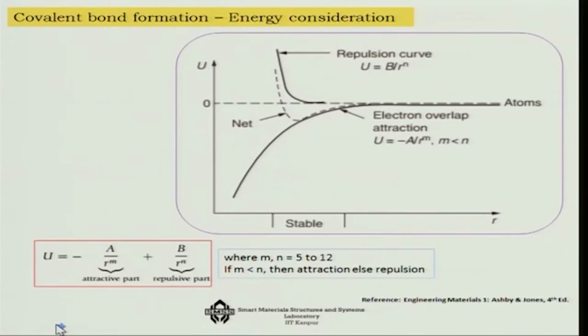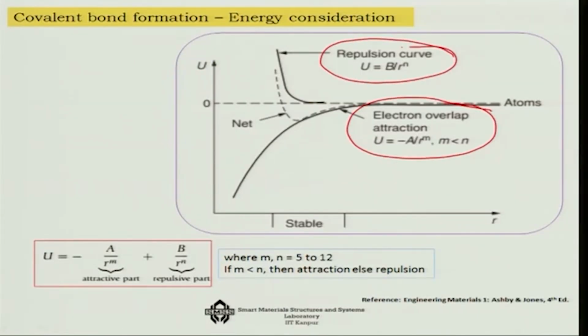Now, for a covalent bond, the story is not exactly the same, because you do not have any initial energy, because you are actually sharing. So, you have one energy due to attraction and one energy due to repulsion. The repulsion starts at a much smaller length scale, but here also you get this net diagram, and hence you get a region where you can expect the bond to be stable.